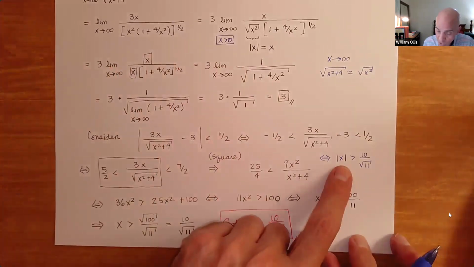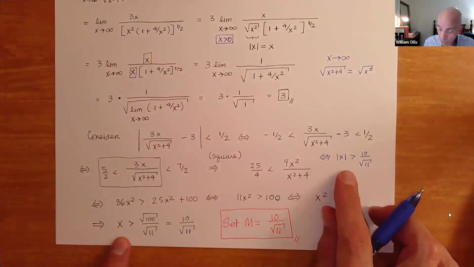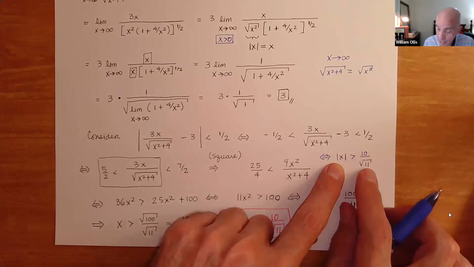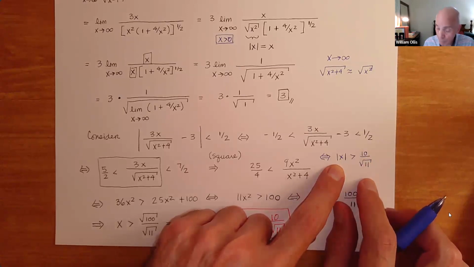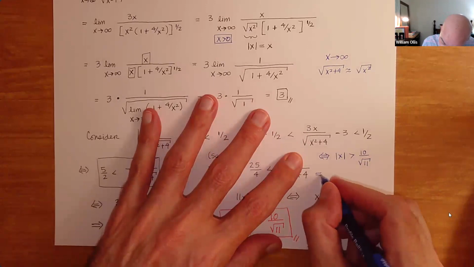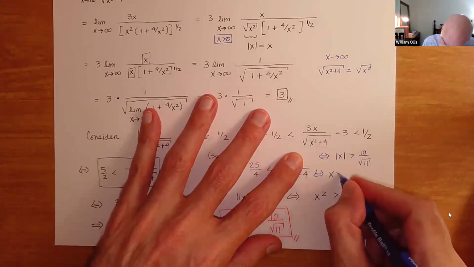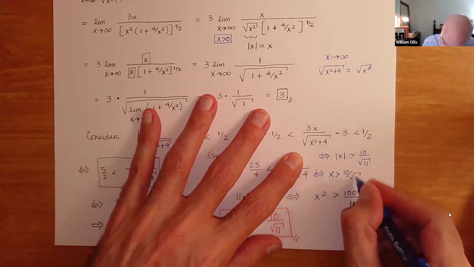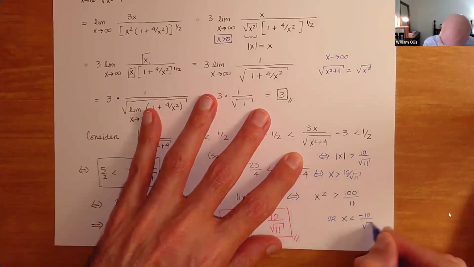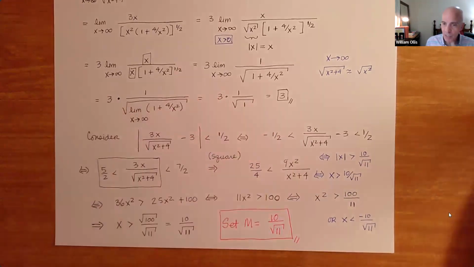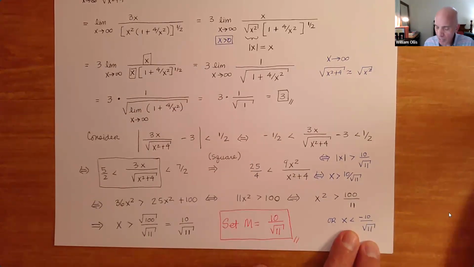And we've only focused on the values of x that are positive, because this would imply that x is greater than 10 divided by the square root of 11, or x is less than the additive inverse of 10 divided by the square root of 11. So equivalently here, we have x greater than 10 divided by the square root of 11, or x less than the additive inverse of 10 divided by the square root of 11. So that gives us kind of the full picture here, but we're not interested in this one. We're only interested in this.